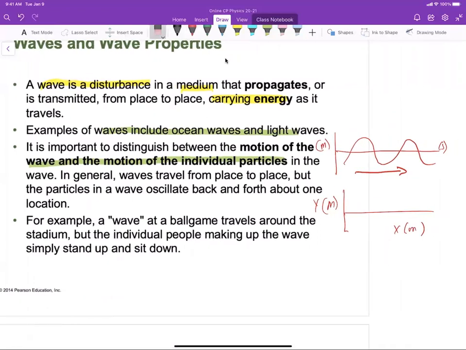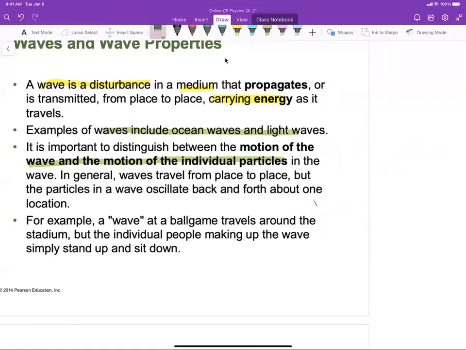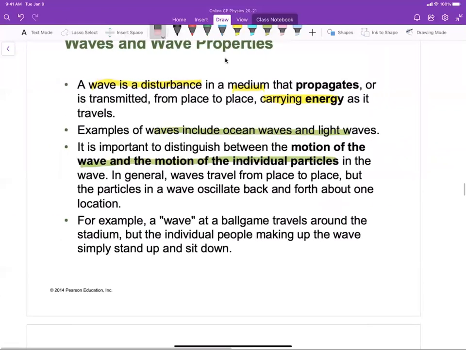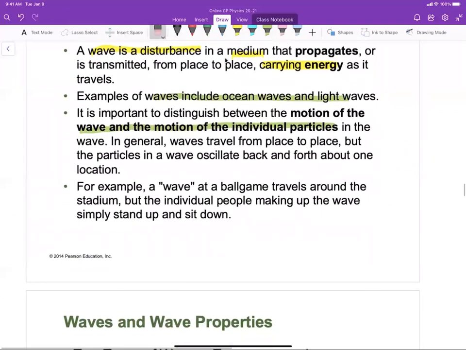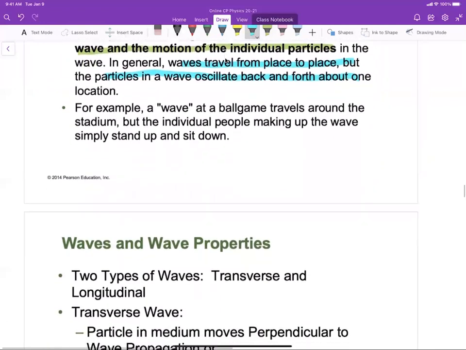Okay, so it depends on the problem. You have to pay attention to what they tell you the graph is representing. In general, waves travel from place to place, but the particles of the wave oscillate back and forth about one location. They don't actually move.